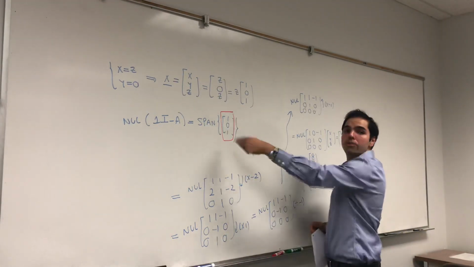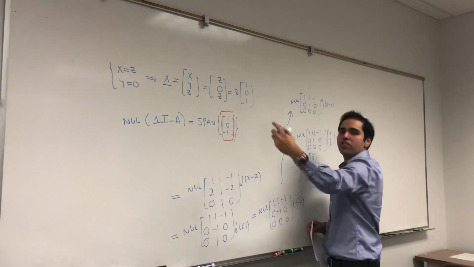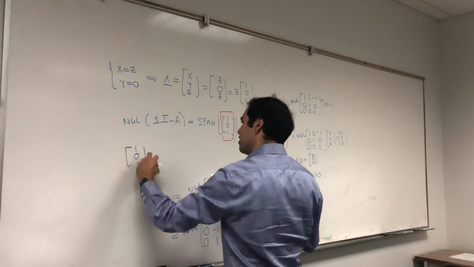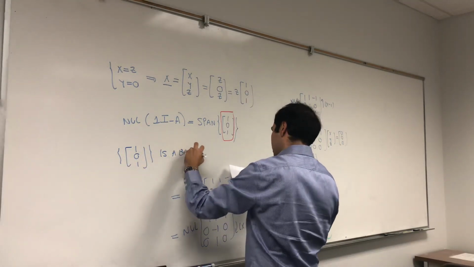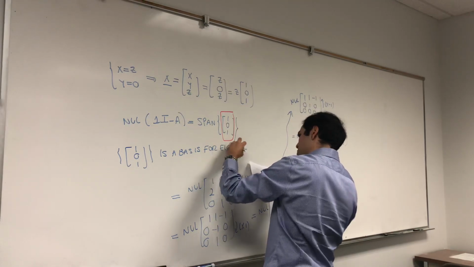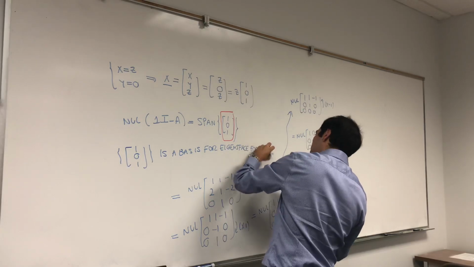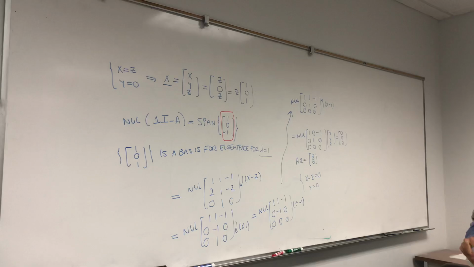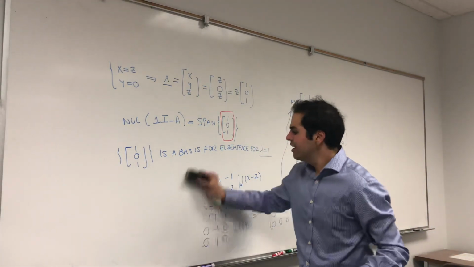The null space is always the span of some vectors, and the point is this thing is what's called the basis for the eigenspace. So (1, 0, 1), this set is a basis for the eigenspace for lambda equals 1. So if you want to think of it intuitively, it's an eigenvector corresponding to lambda equals 1.